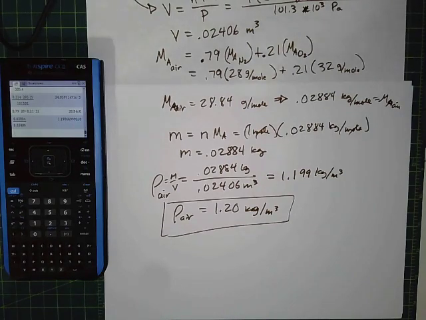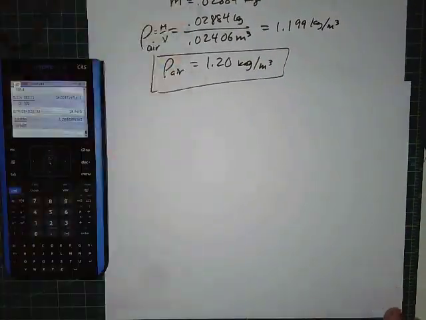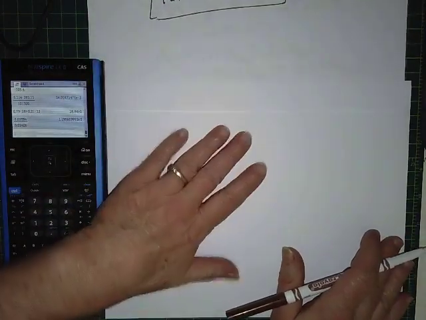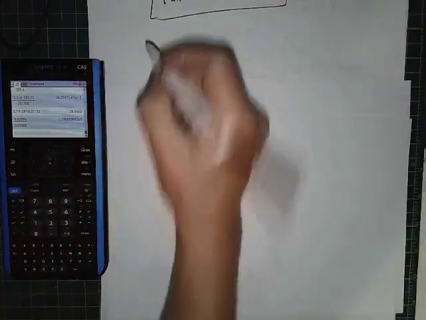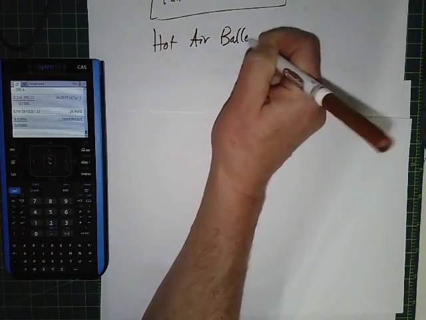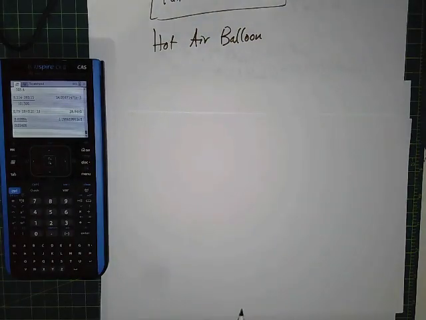Let's look at another example here. Let's look at a hot air balloon example. There are some assumptions and approximations here, but we can just get some ideas.